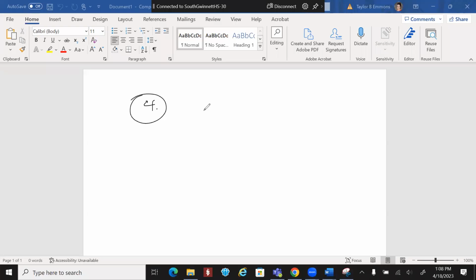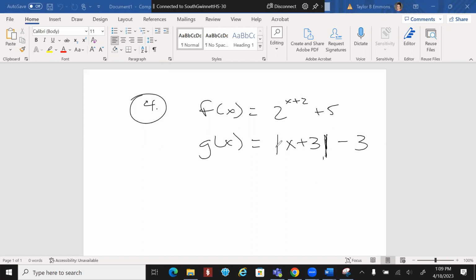Number 4, I think that's what we're on. If I had f of x equals 2 to the x plus 2, plus 5, and I had g of x equals the absolute value of x plus 3, minus 3, and I said, what are the solutions to the problem?